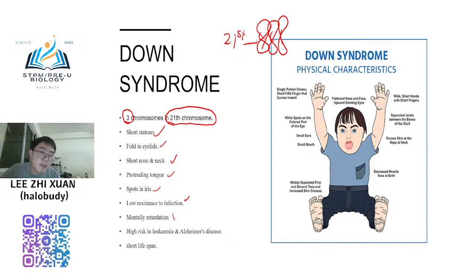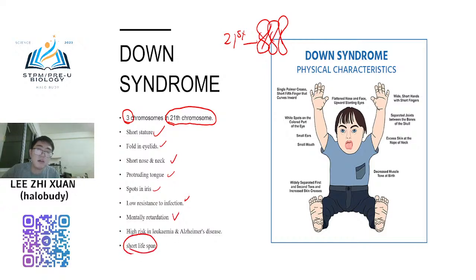And mental retardation, so normally this kind of people, the IQ, dia tak bijak macam normal punya people lah. So this kind of people, when they want to learn something, it takes a longer time lah. Dia nak fahamkan sesuatu benda kena take time lah. And then high risk in leukemia and Alzheimer's disease and short lifespan.